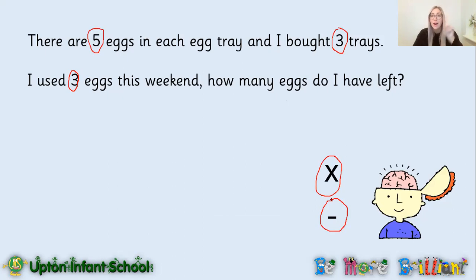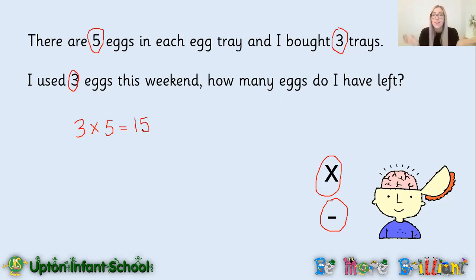So the first part of our problem, okay, is we need to work out what 3 lots of 5 are, okay, because that's how many eggs were bought. 3 lots of 5. Let's put 3 on our fingers and we are going to count in 5s, okay, to find out our answer. 5, 10, 15. My answer is 15.